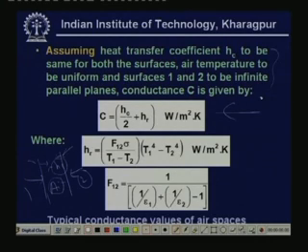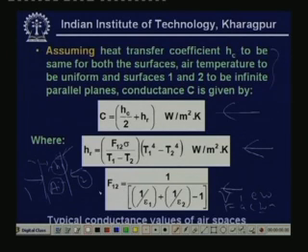So, the conductance value can be obtained if you know the convective heat transfer coefficient and the linearized radiative heat transfer coefficient. The linearized radiative heat transfer coefficient is given by this expression, where F subscript 12 is called the view factor, or configuration factor, or geometry factor. We discussed this while discussing radiation heat transfer.